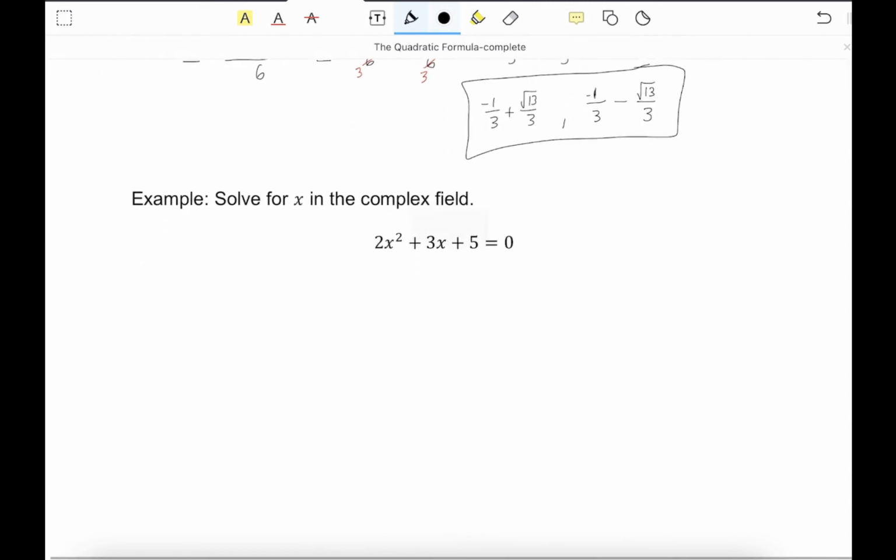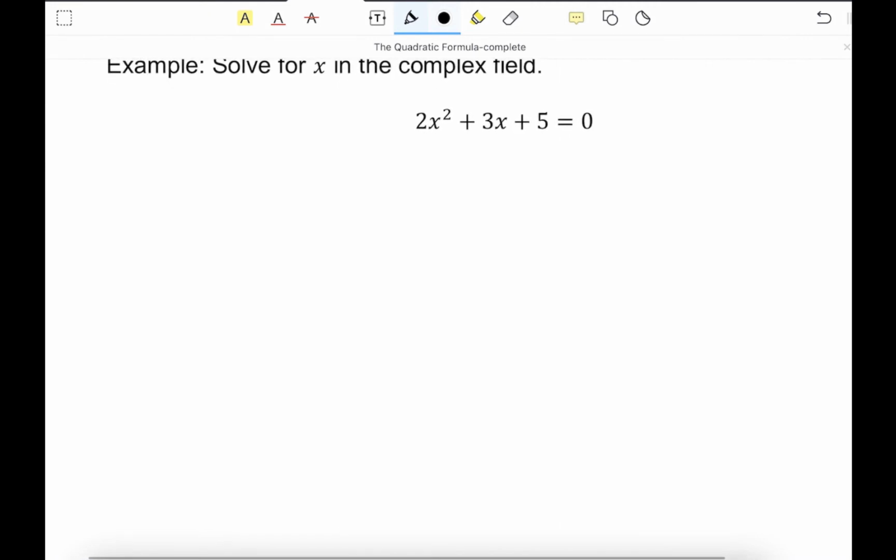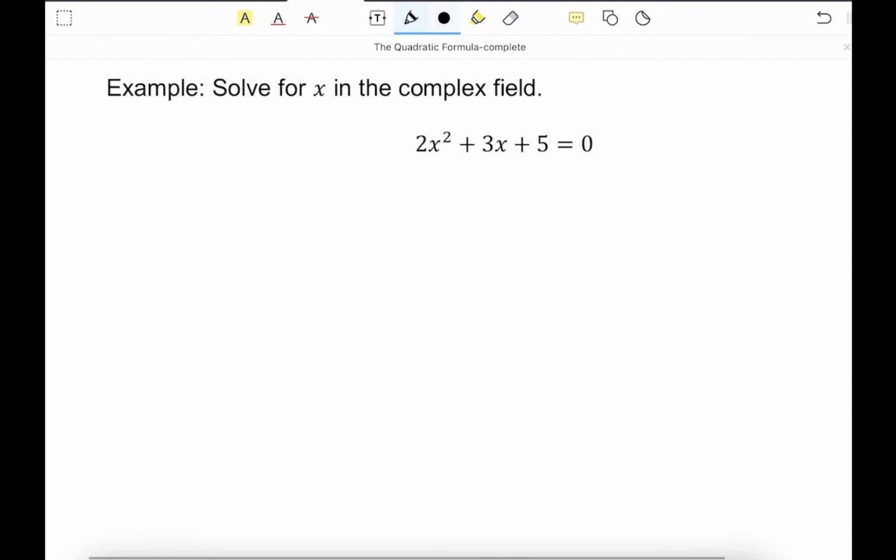Okay, let's do another example. This time, I believe we'll get two complex solutions. So we have a is 2, b is 3, and c is 5.